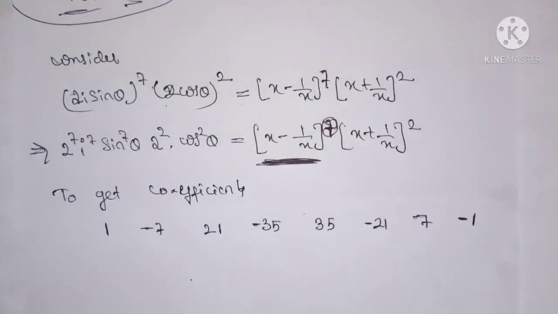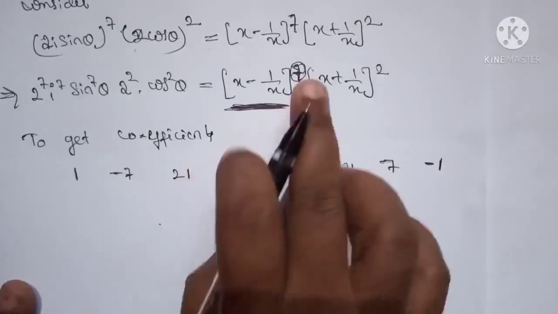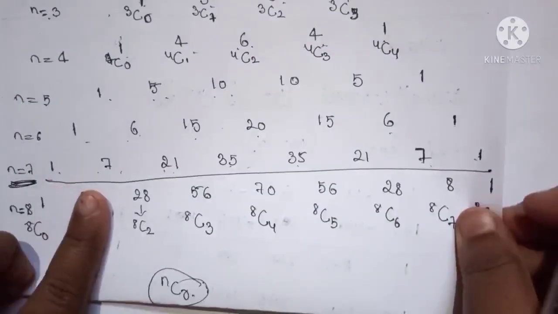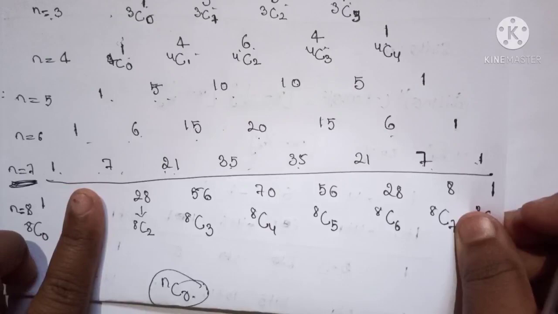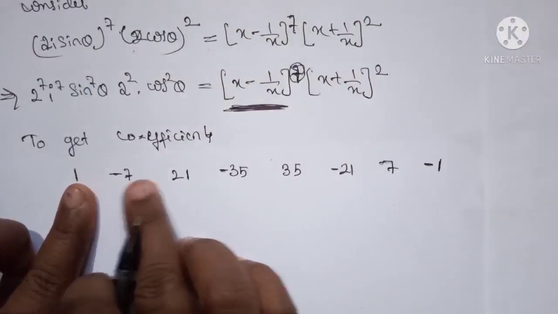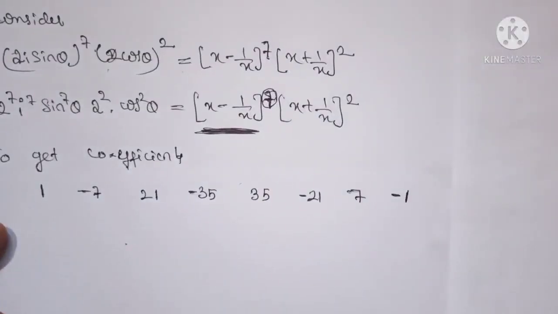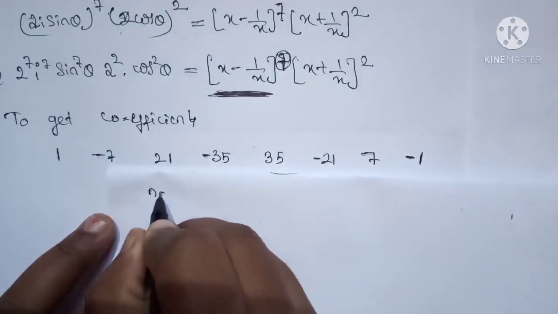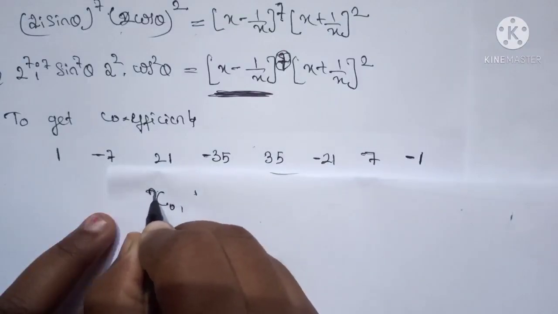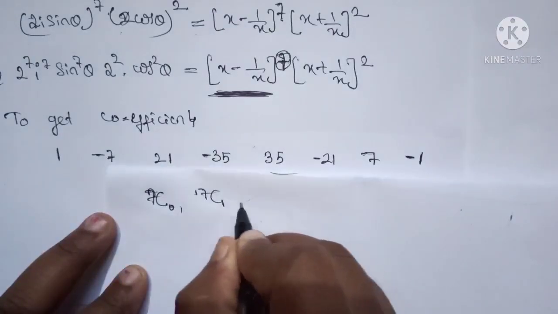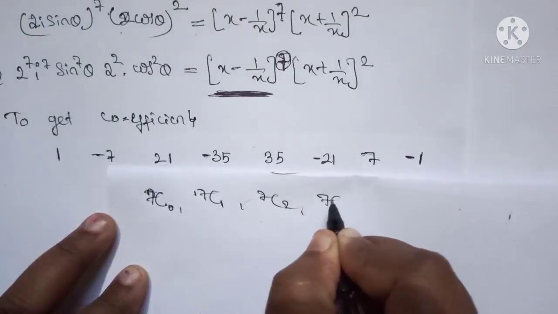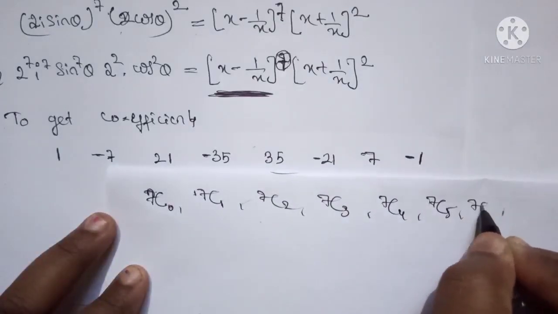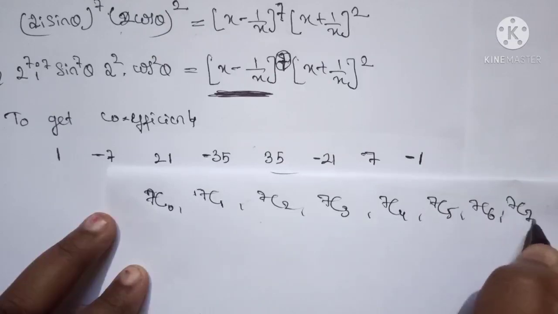Okay, so these are the constants of degree 7. So by using this Pascal triangle rule, or you can directly get these constants for n equals 7, that means we can calculate 7C0, 7C1, 7C2, 7C3, 7C4, 7C5, 7C6 and 7C7 by using the formula.